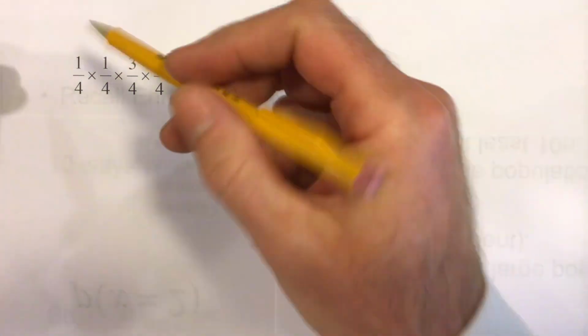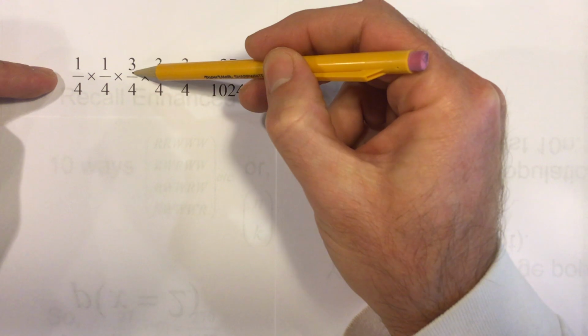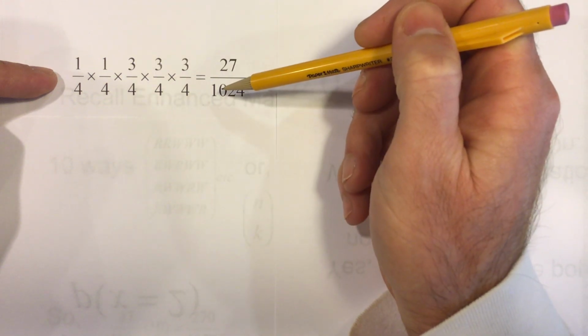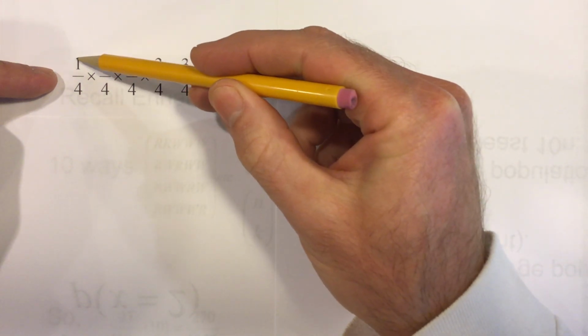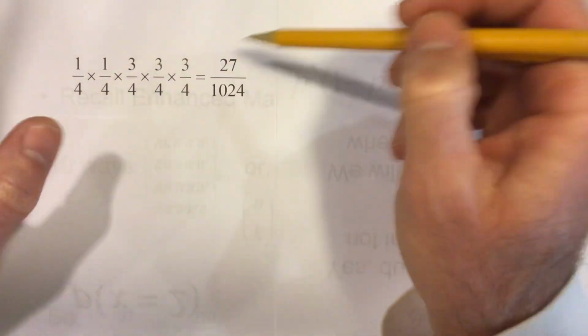So maybe he gets the first one right, misses the second, gets the third one right, misses the next 2. Or maybe it's the first and fourth, or the first and the fifth, or the second and the third. There are all these different orders, or in other words, combinations.